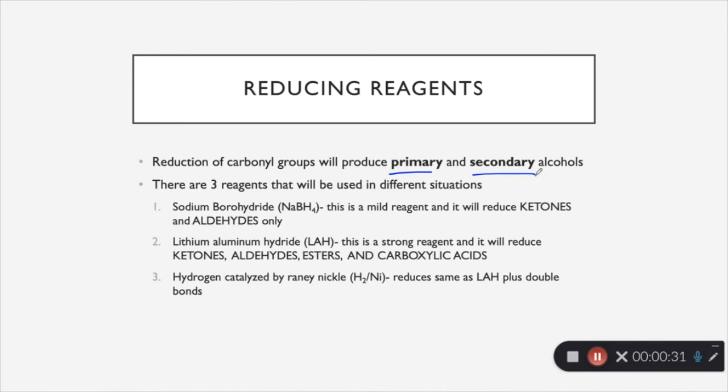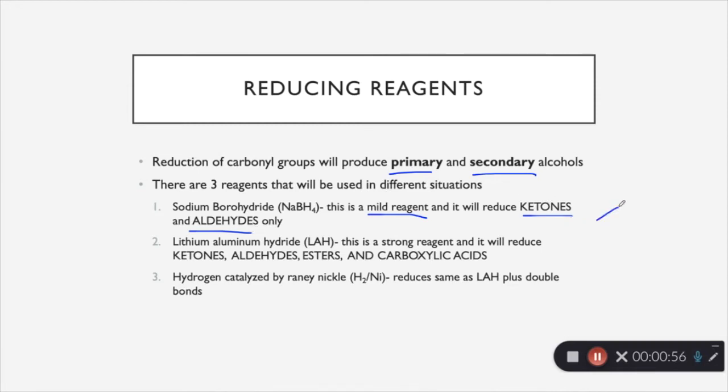So the first one is going to be sodium borohydride, or NaBH4, and this is a mild reagent, and it will only reduce ketones and aldehydes. So it is super, super important with these reagents that you keep all of this straight. So a mild reagent like sodium borohydride will only reduce ketones and aldehydes.